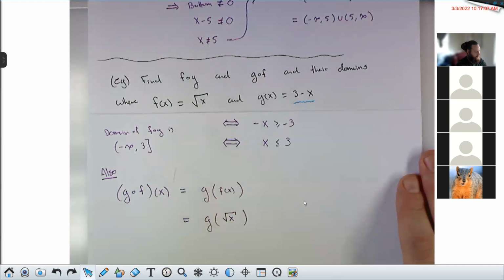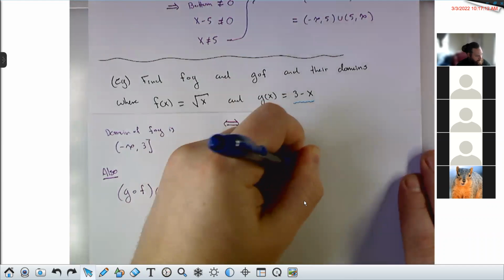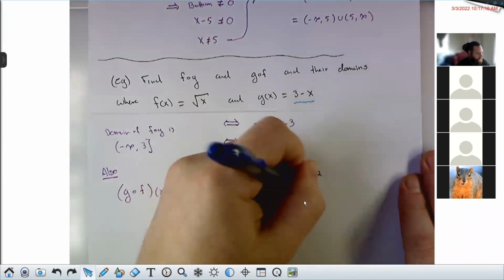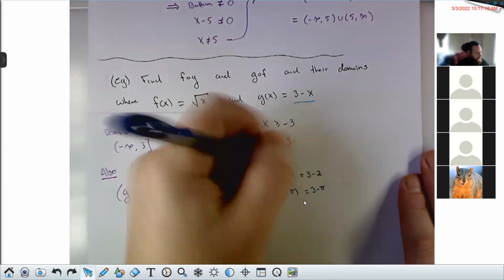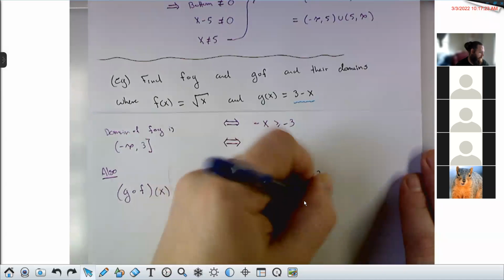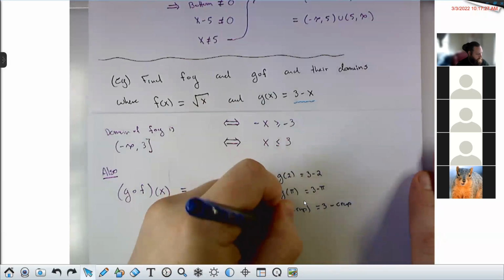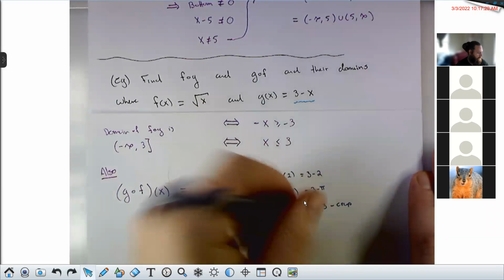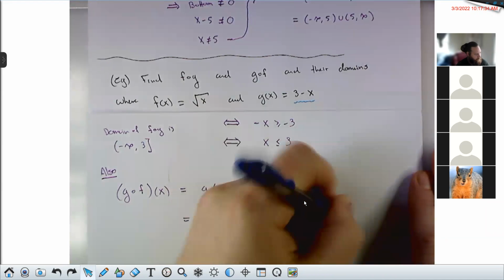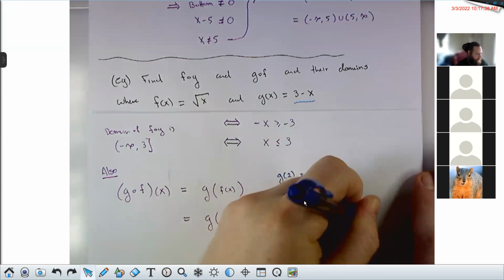And you can play that same silly game, like G of 2 would be 3 minus 2. G of pi, well, that would be 3 minus pi. G of some crap would be 3 minus that crap. Right, and G of, let's go with your mom again. 3 minus your mom.